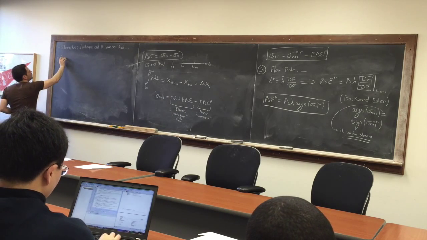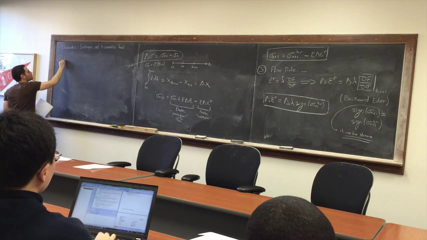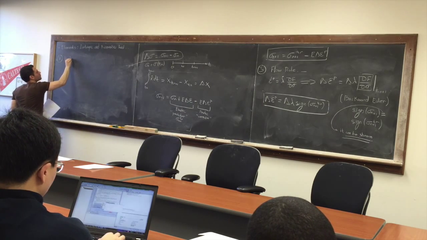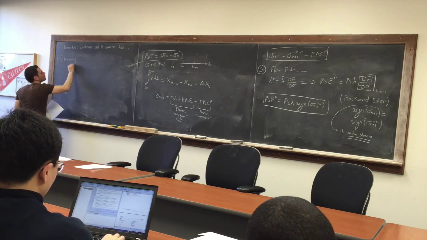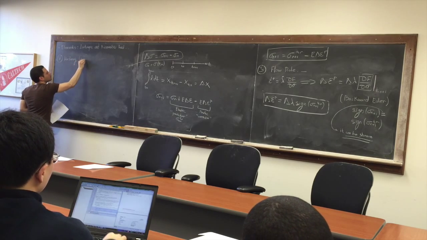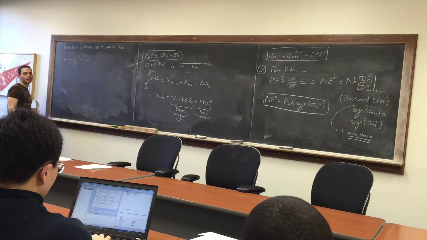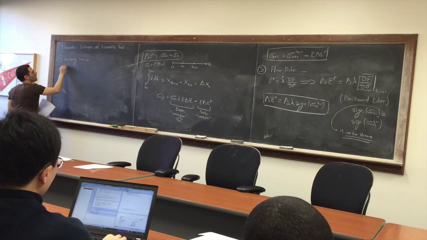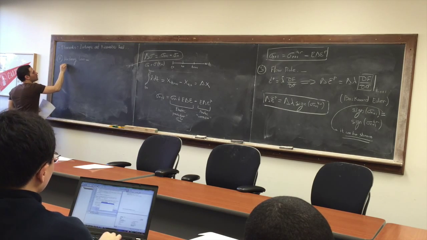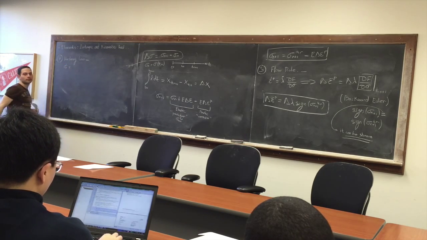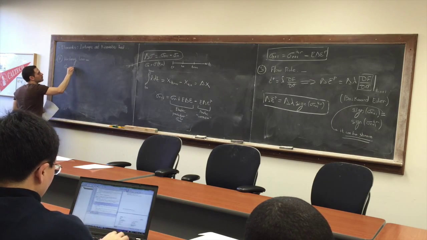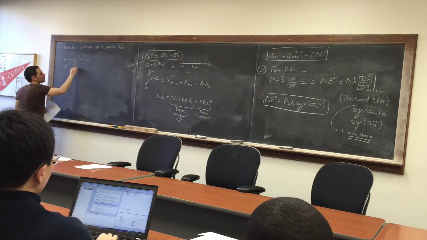The next ingredient was the hardening law. So for isotropic, we had that sigma y dot is equal to h prime lambda dot.